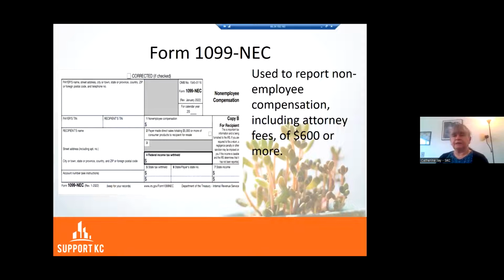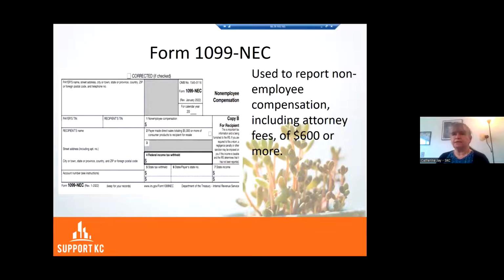And the IRS was finding that they weren't getting the 1099 miscellaneous forms e-filed quick enough because the deadline for filing those is later. And they were getting people filing their tax returns and they didn't have a matching way to make sure that all income was reported. So they brought this 1099 NEC back into play.